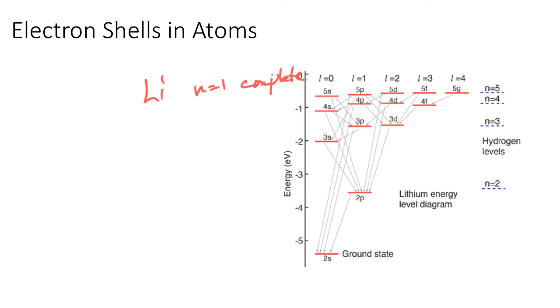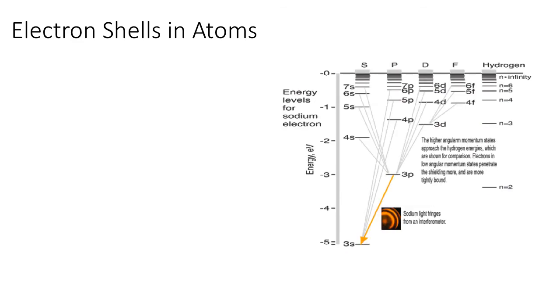If we look at the 3 states, you'll see again we have this pattern that 3s is lower than 3p, which is lower than 3d, and the n equals 4 states and the n equals 5 states show this as well. So lithium isn't that interesting, but if we go to the next hydrogen-like one, in this case sodium, it has n equals 1 complete and n equals 2 complete.